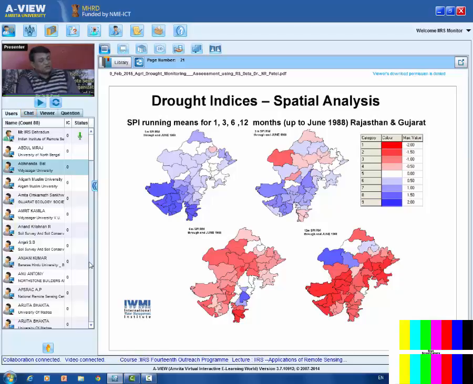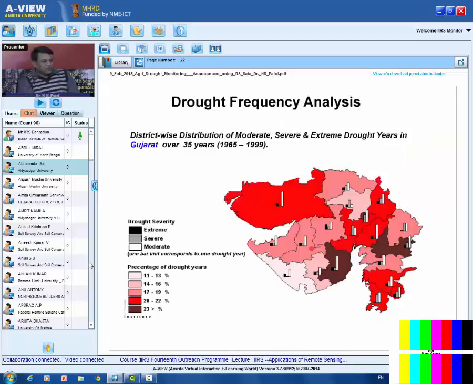It shows that Gujarat and Rajasthan are inherently dry regions, which can be captured by the 6 or 12 month SPI as an indicator of hydrological drought. But 1 month and 3 month SPI are short-term drought indicators. As per 1 month SPI and 3 month SPI, these regions were not under drought during 1988. So this is the district-wise frequency analysis.